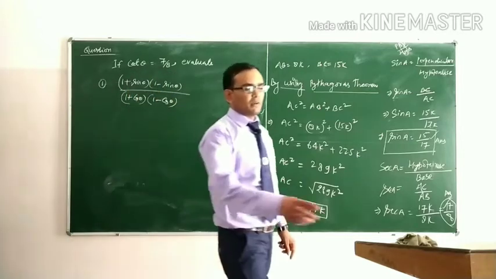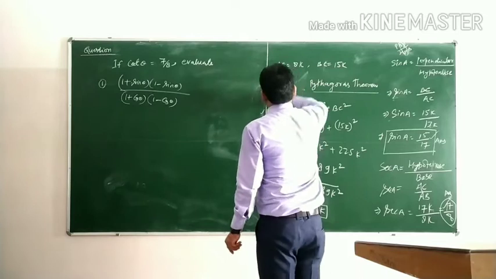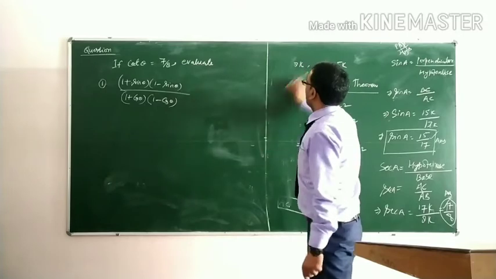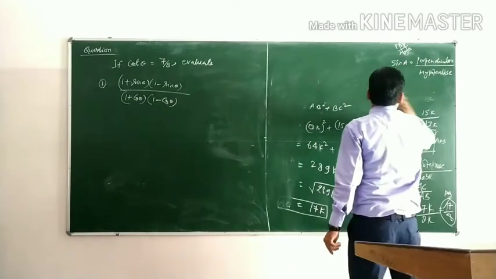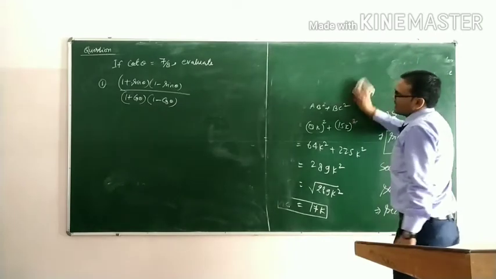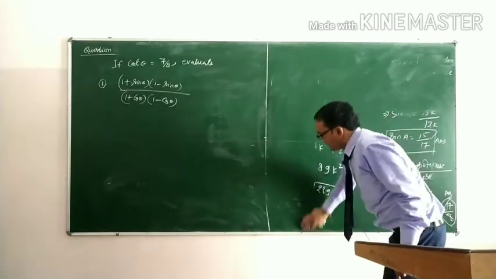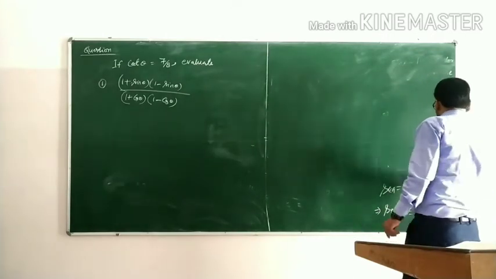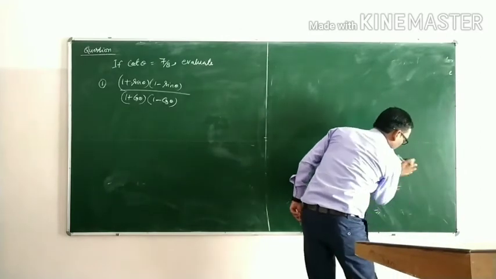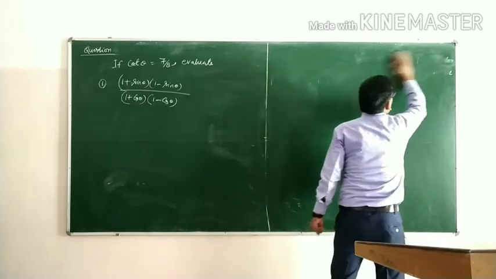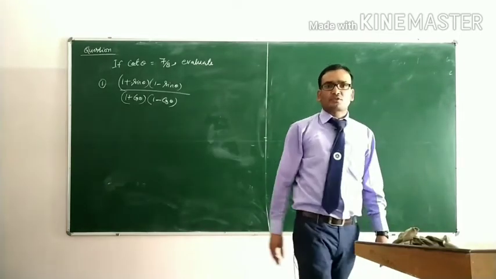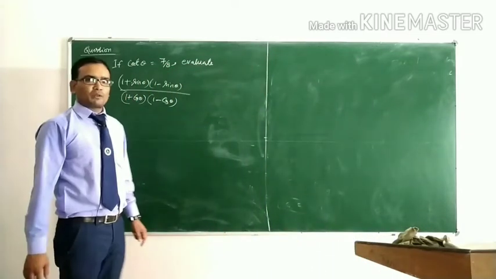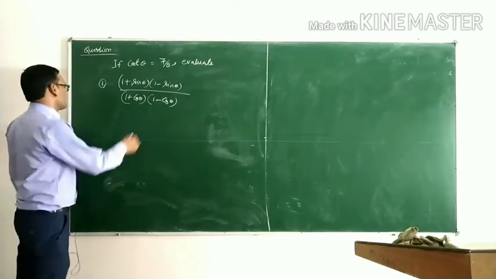Here, student, given the value of cot theta, as in the previous question, we find the value of sin theta and cos theta and put them in. Here is the solution.